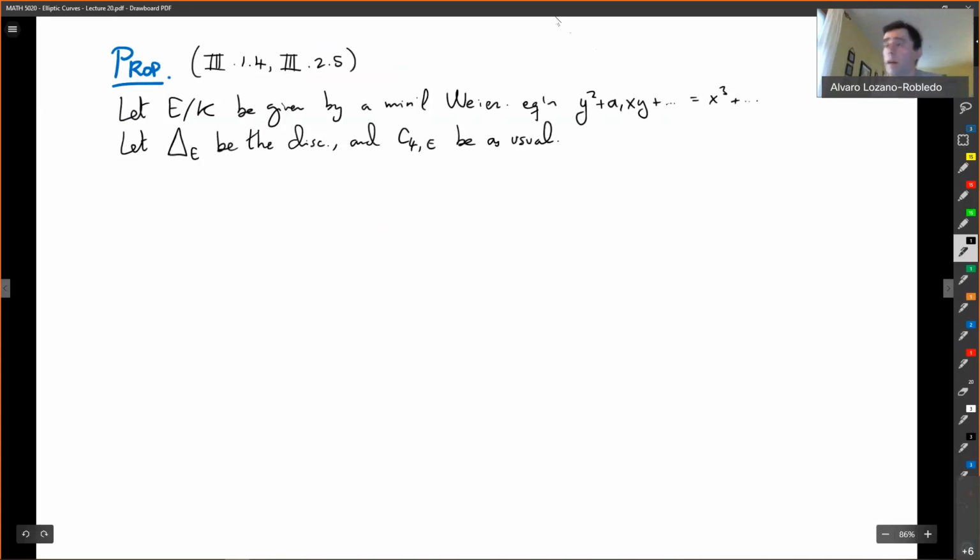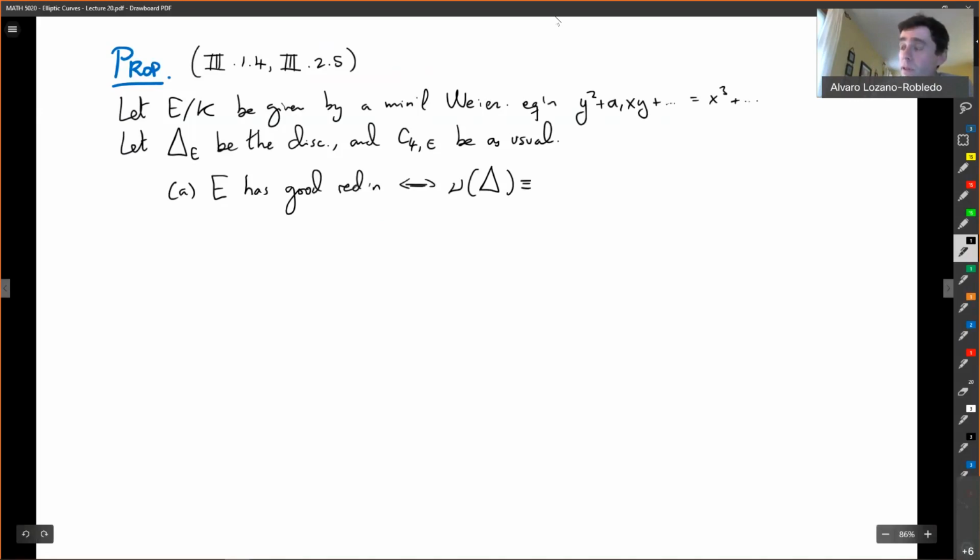Then remember that E has good reduction over K means that the reduction curve is non-singular. This means that the discriminant is non-zero when you reduce, so it must be a unit.